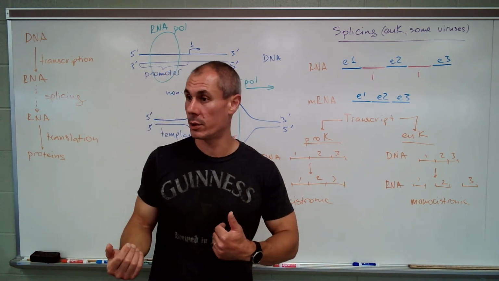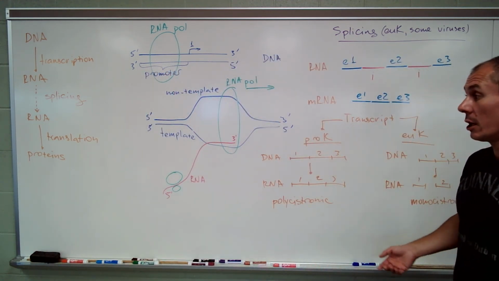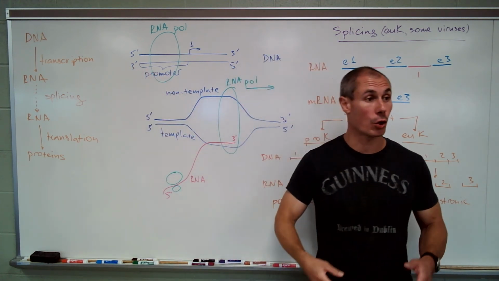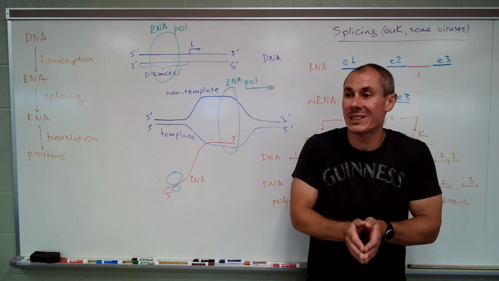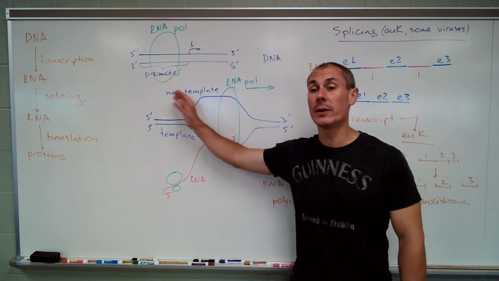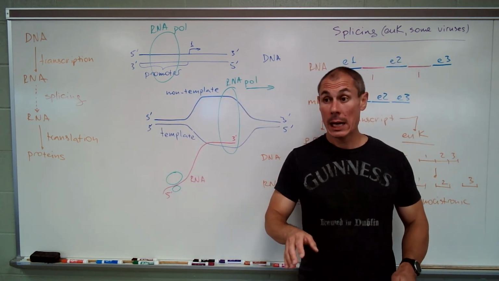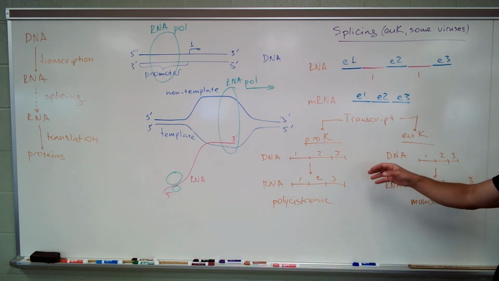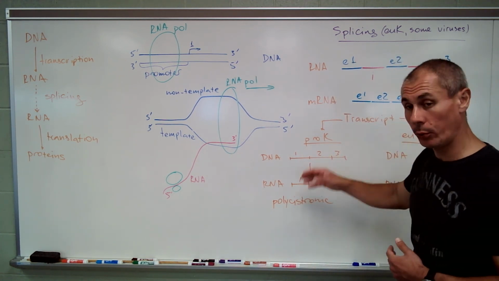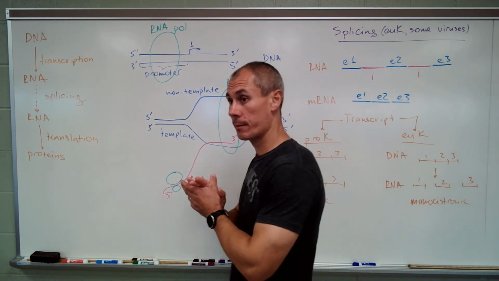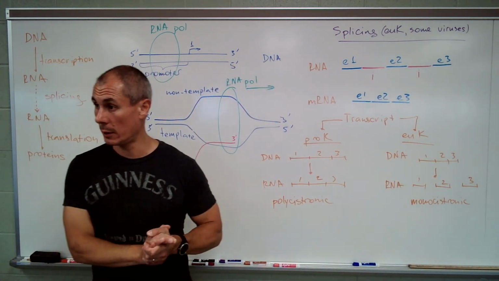In prokaryotes, you have neither of those. In fact, transcription and translation occur almost simultaneously. At some point, they do happen at the same time. Are you with me? And the transcripts in prokaryotes are polycistronic, in eukaryotes, monocistronic. Any questions on this one?